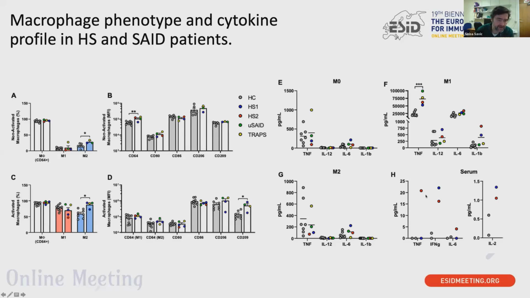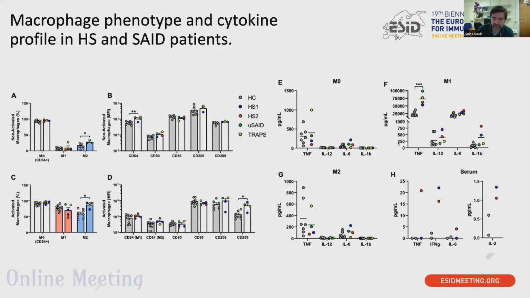Initially, we saw that the patients with H syndrome had a proportionally smaller number of M1 macrophages, but when these macrophages were put into culture, they produced significantly more TNF and also IL-1 beta, and these were comparable levels of TNF production to what the macrophages from the systemic autoinflammatory disease patients with TRAPS were showing.